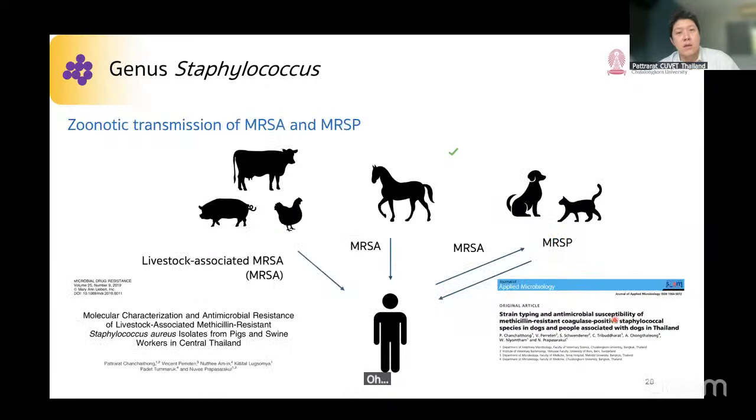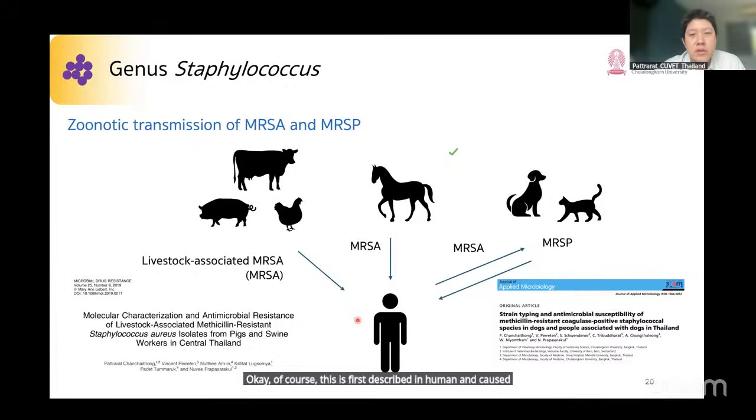The MRSA, of course, was first described in humans and caused hospital-associated infections, followed by the discovery in many animal species.